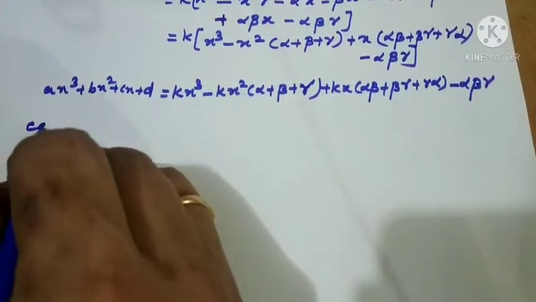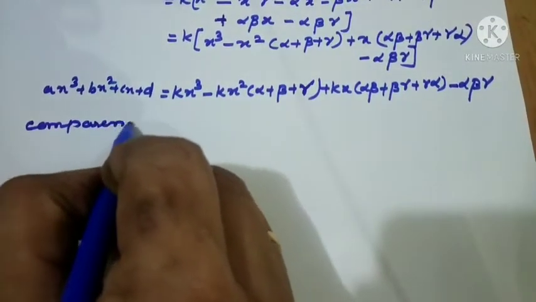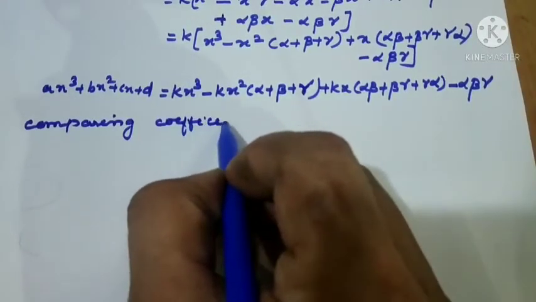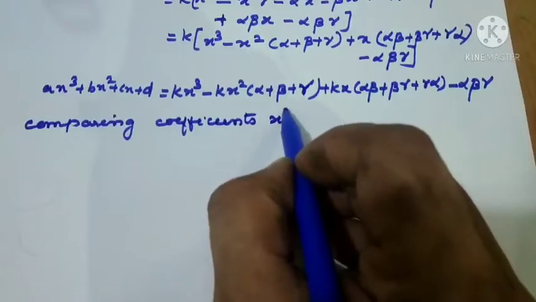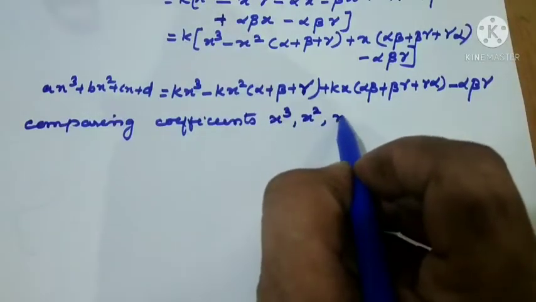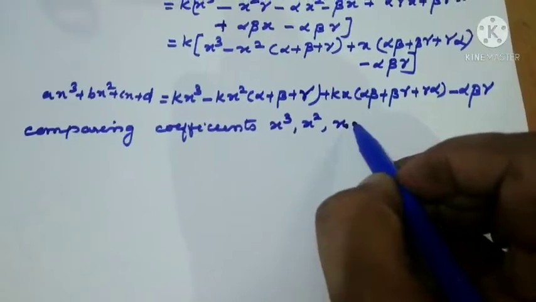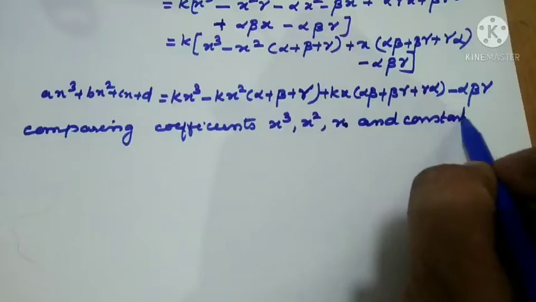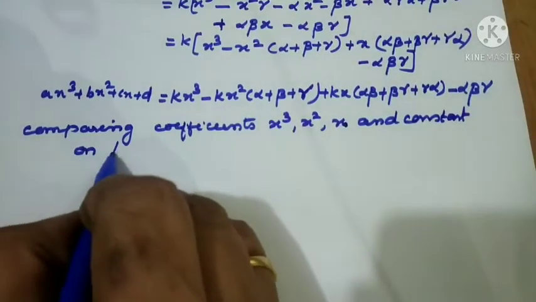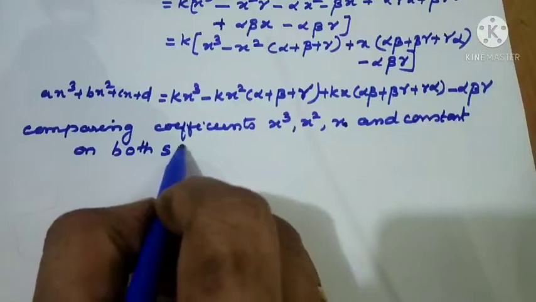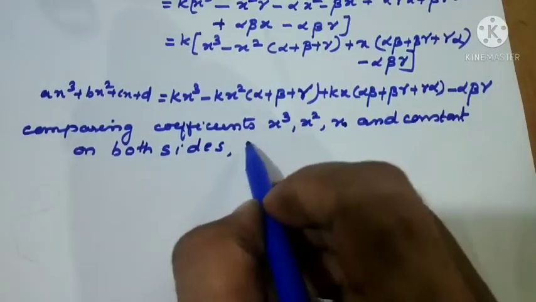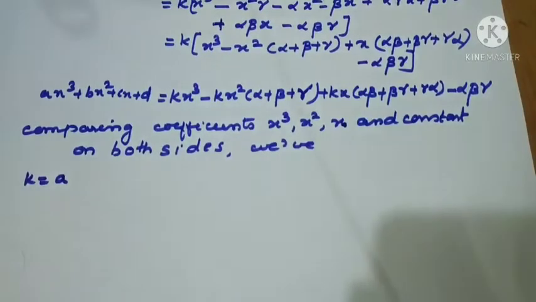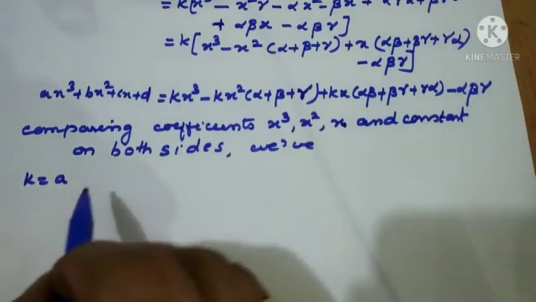Comparing the coefficients of x cube, x square, x and the constant on both sides, we have k equal to a. k and a are equal.